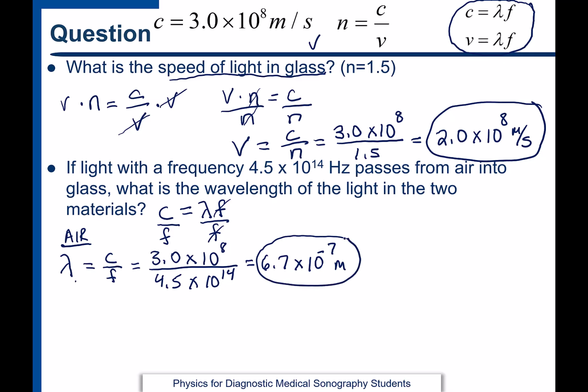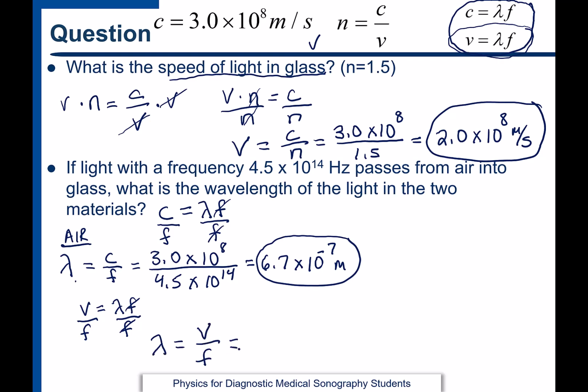Now, to figure out the wavelength in the glass, we now have to use our second equation here. We've got v is equal to lambda f, but we want to solve that for lambda, so I'm going to divide both sides by f. Therefore, lambda is equal to v over f.